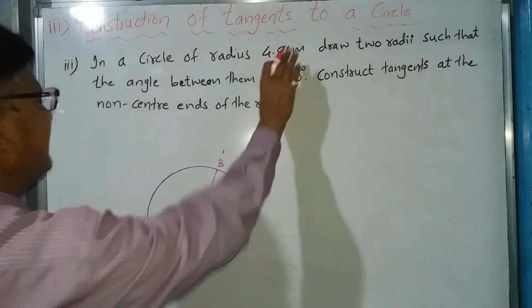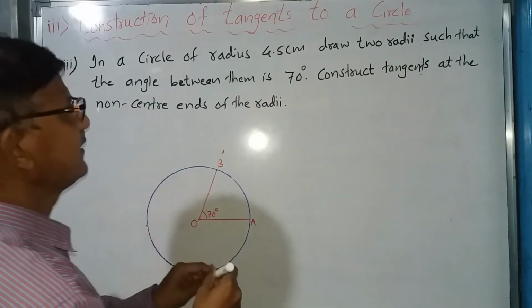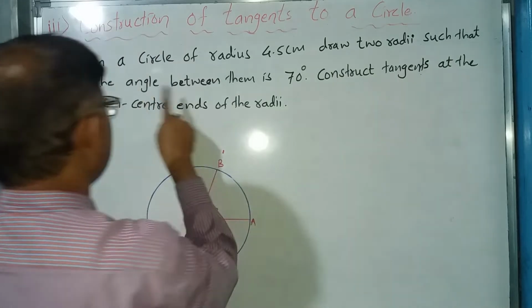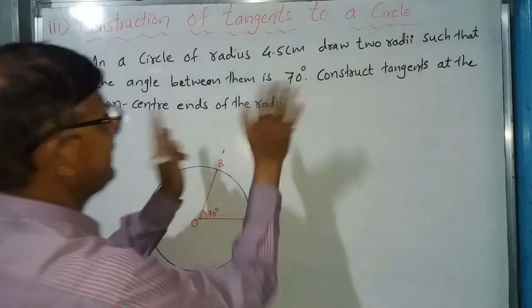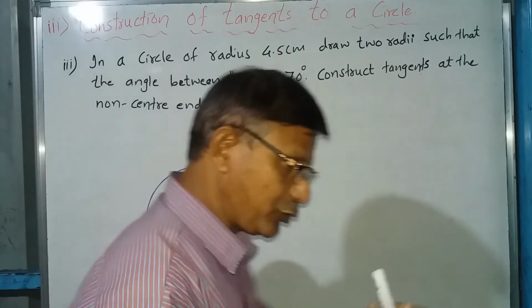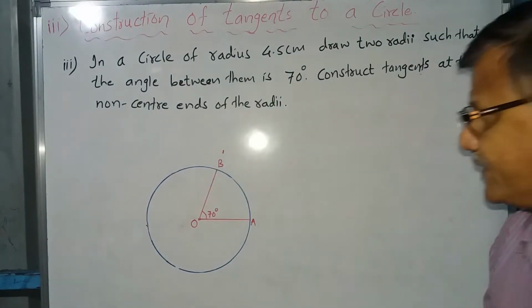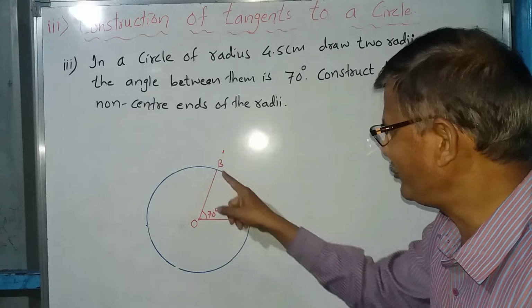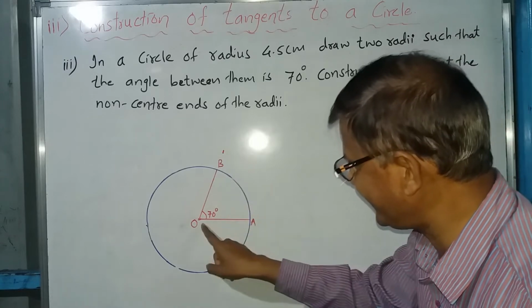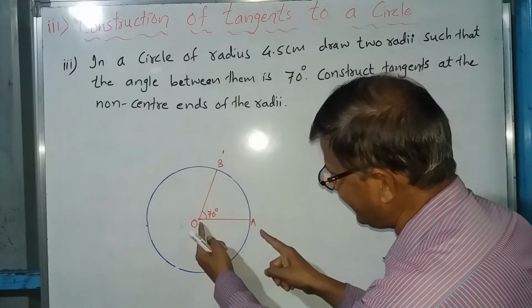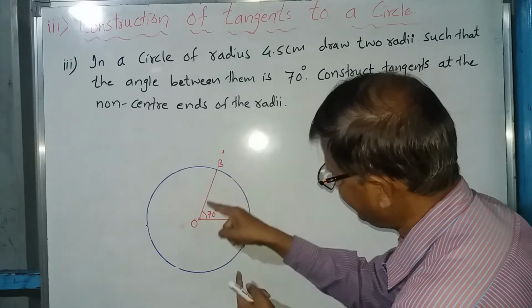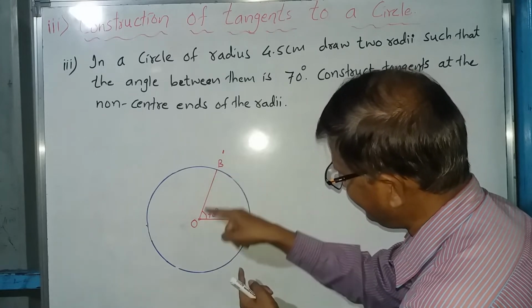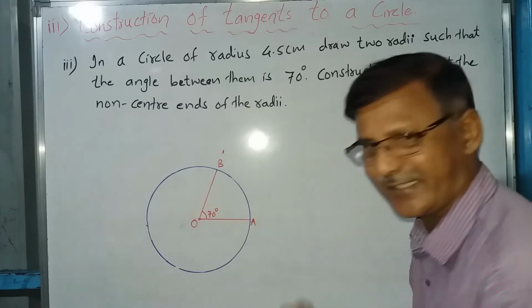That is, in a circle of radius 4.5 centimeter, draw two radii such that the angle between them is 70 degree. Now just see here how in the question they have given us the points on the circle. This is a radius, this is a radius. Both the radii have a non-center end. This is the center end. The radius has two ends: this is the center end, this is the non-center end. This is another radius, with its non-center end and center end.